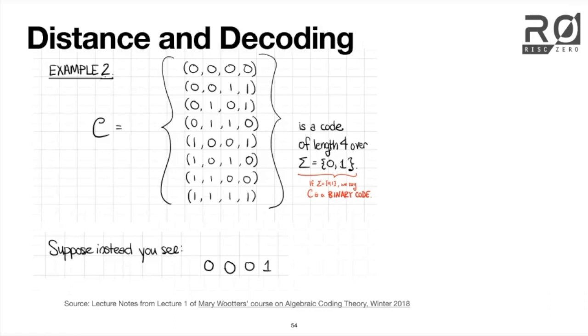But in this case, Bob receives 0001 and looks at the code and says, I have no idea what Alice was trying to say. This was not one of the messages that is allowed. This isn't something that if Alice ran the encoding procedure that she said she was going to run, she would have gotten one of these things on this list, and what I received wasn't on this list.